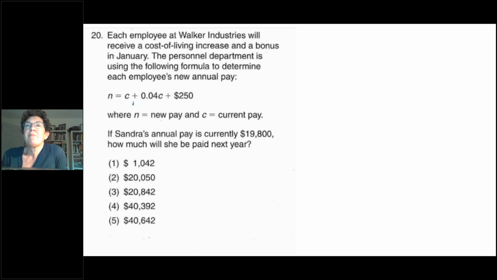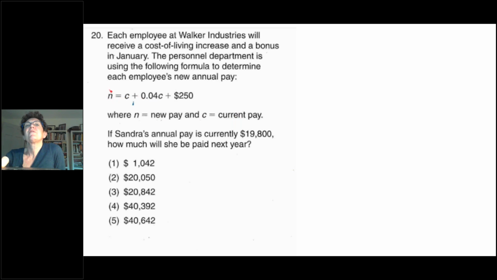We approach this problem the same way. We look at the formula, we substitute in what we know, and then we solve for the unknown. So in this formula, N equals C plus 0.04C plus 250, where N equals the new pay and C equals the current pay.